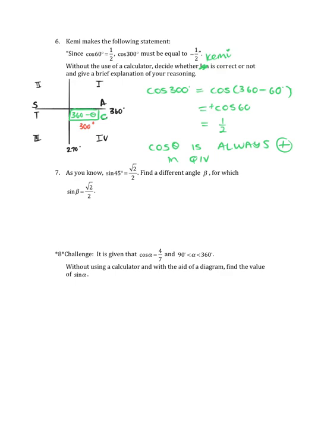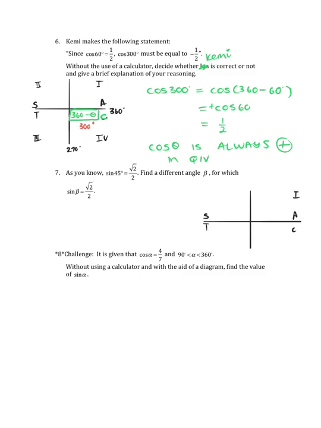Cool. Let's have a look at question 7. As you know, sine of 45 is root 2 over 2. Find a different angle beta for which sine of beta is also root 2 over 2. So it's very similar to the above question, grade 10s. It's not different. So, cast diagram.